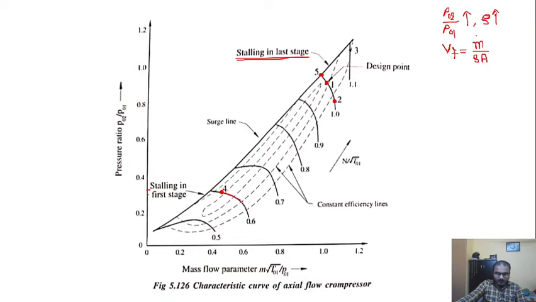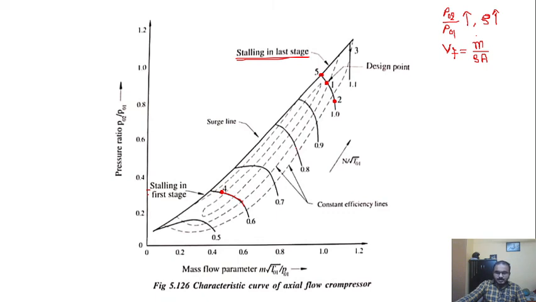So Vf will also reduce, which results in increased incidence angle, and this will create stalling with positive incidence. So you can see that for a small pressure ratio change, there is a greater increase in the mass flow rate.